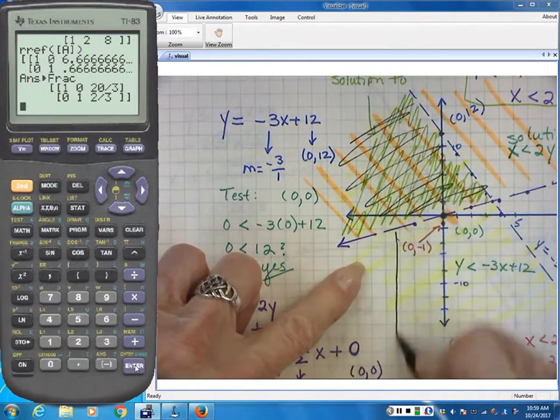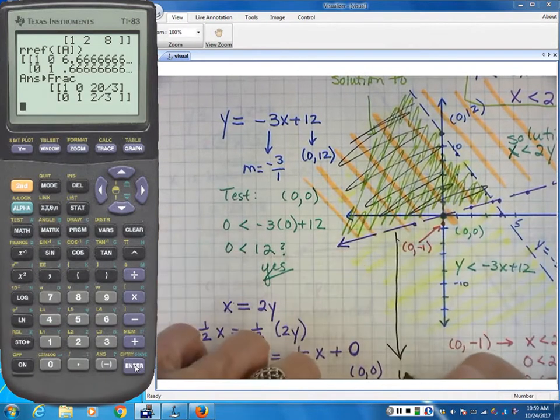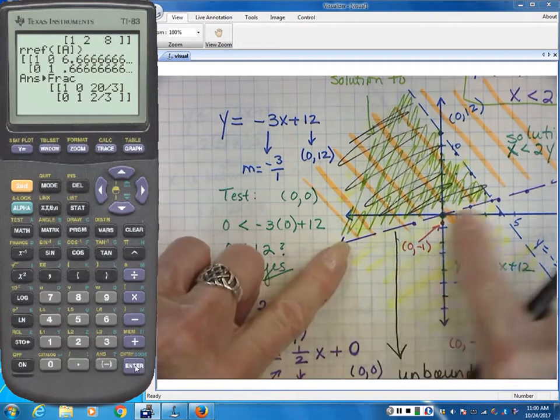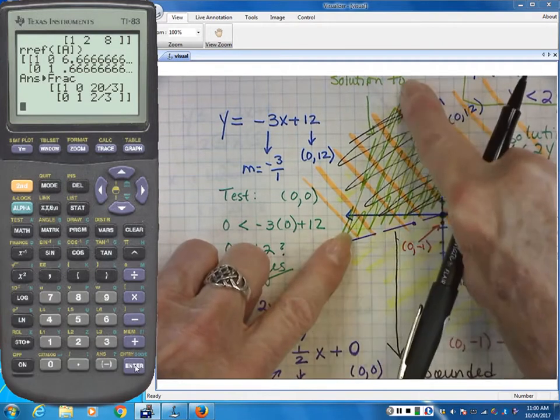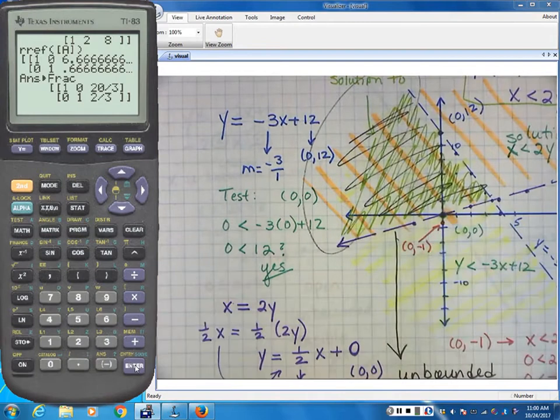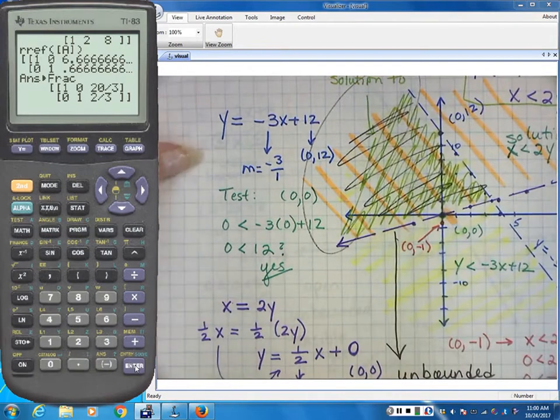And that's also an example of an unbounded or open feasible region, because it's closed in on this side, it's closed in on this side, but it's not closed in out here. That's what it means to be bounded or unbounded.